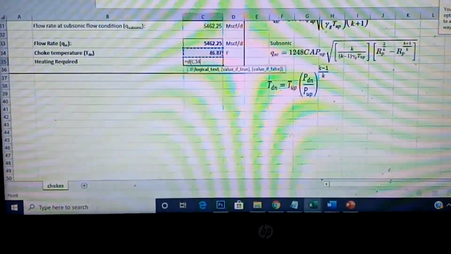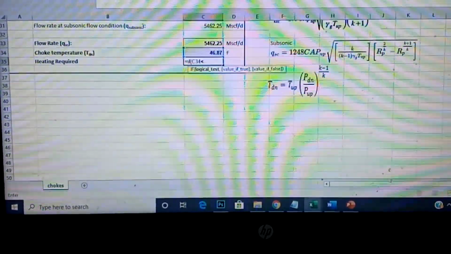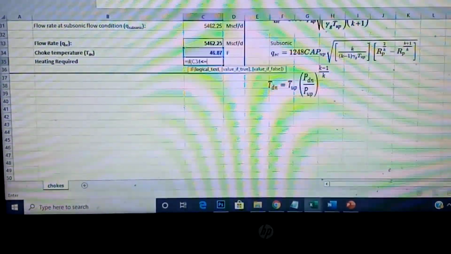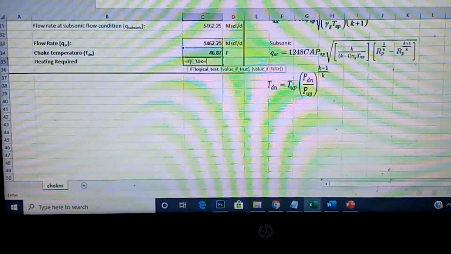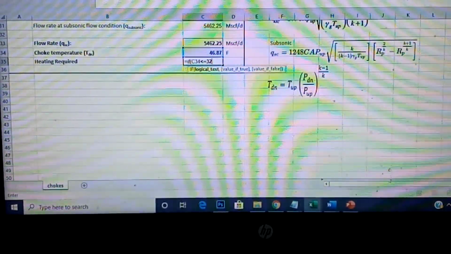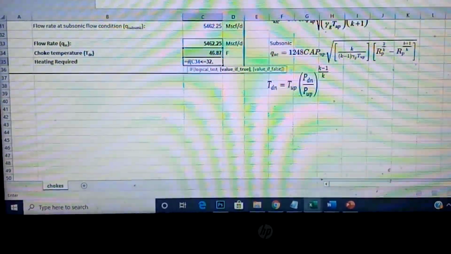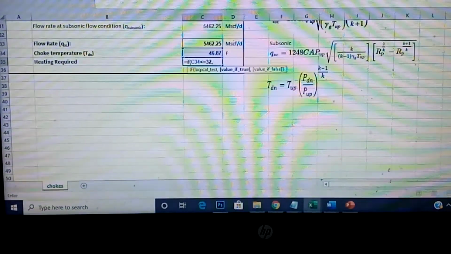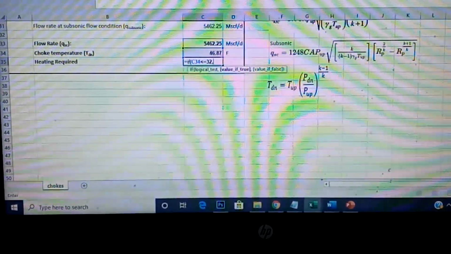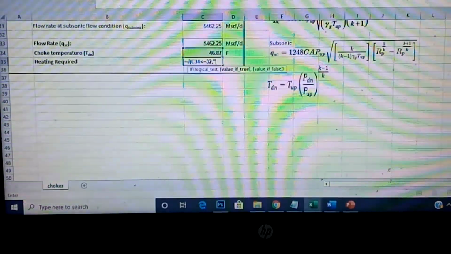If it's less than or equals to 32, that's the freezing point. If it's less than or equals to 32, I do comma. Then I want you to type yes. So I'm going to put it in quotes. Don't just type yes. I put it in quotes. Yes.